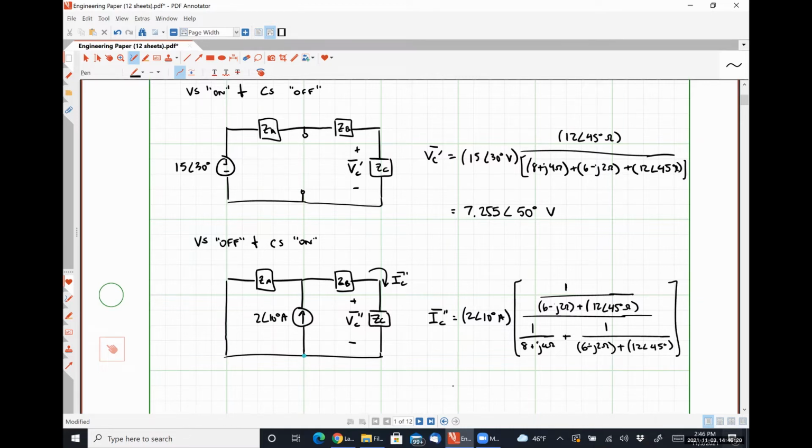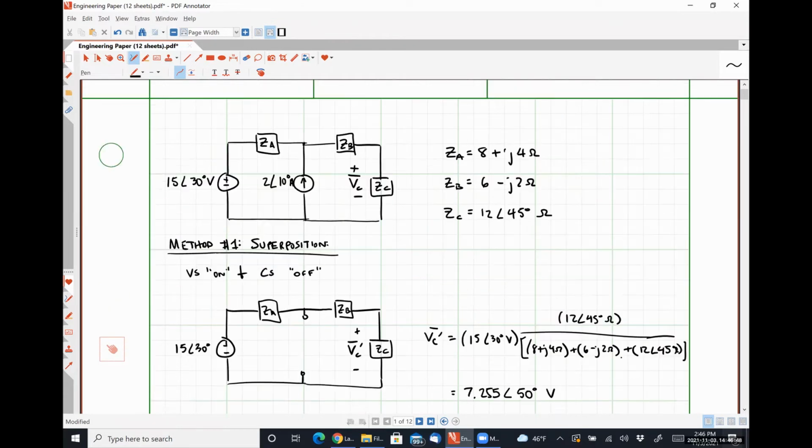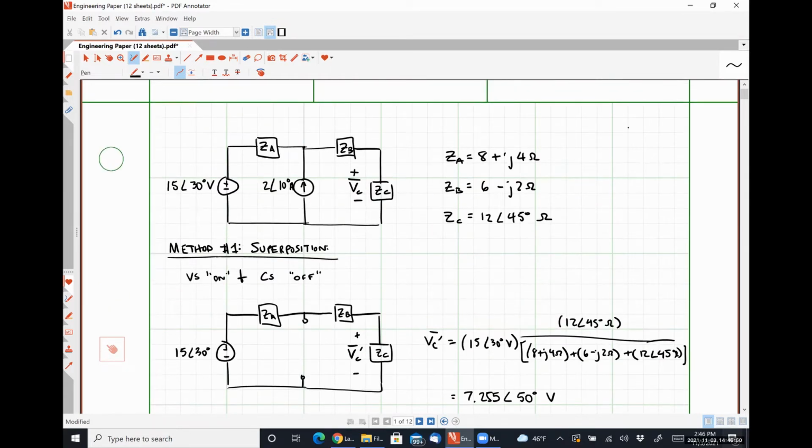Close this guy out. Let's see what we get for this. It should be 45 degrees and then also a unit of ohms because this particular impedance is a polar form complex number.